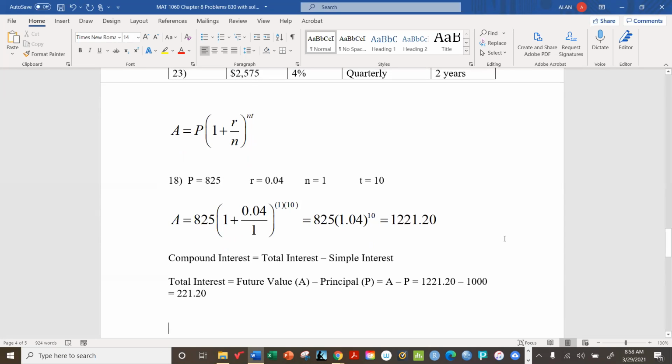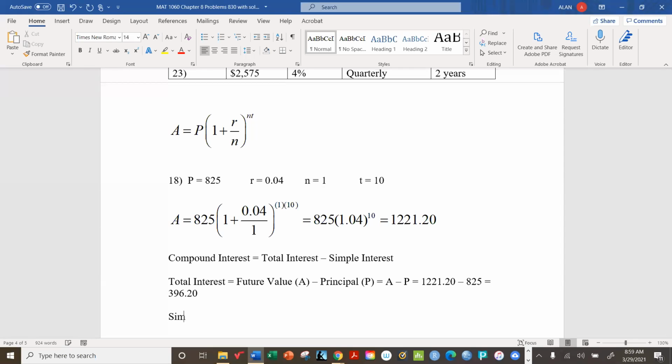Okay, so, oh wait, no, sorry, it's 825, my fault. Hold on. 825, that's better. So the total interest would have been the difference between those two, 396.20.